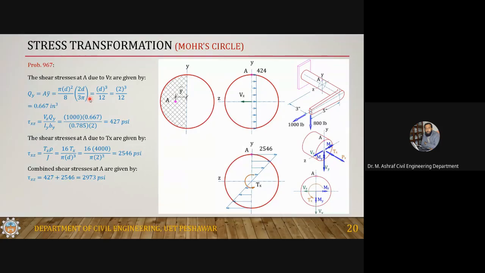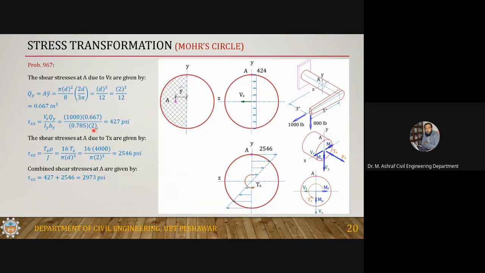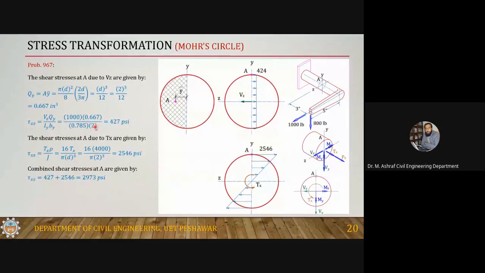Now the shear stress tau xz is equal to Vz Qy divided by Iy b. Vz we know from the previous slide is 1,000 pound, into Qy, which we calculated as 0.667, divided by Iy, which from the previous slide is 0.785, and b.